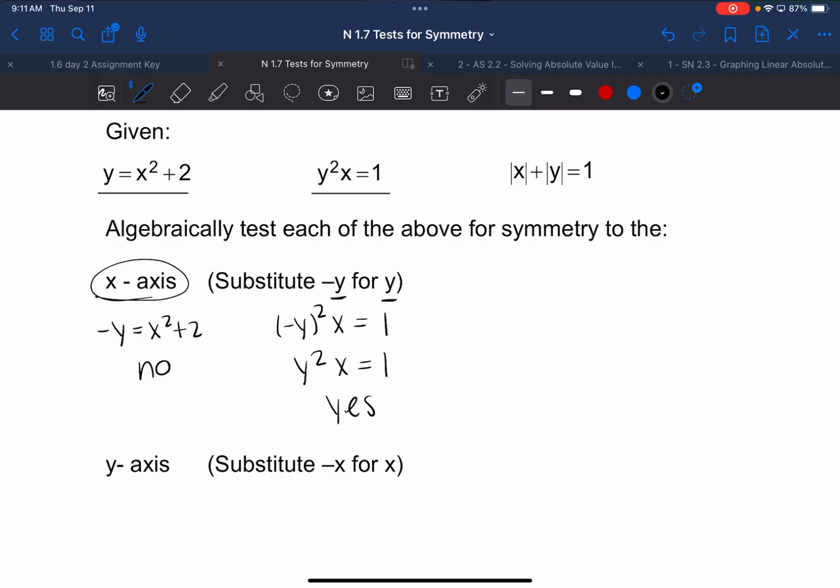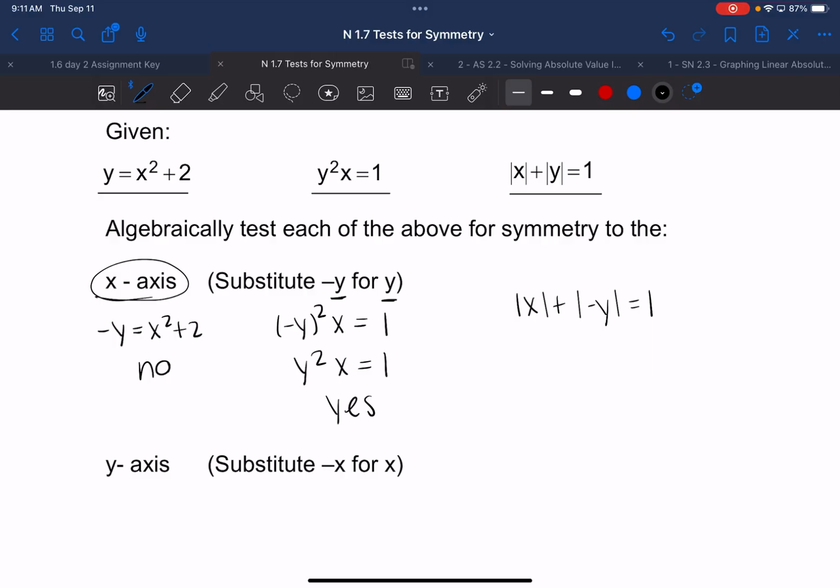Okay? And then we got one more equation we can try it out in. So this one is the absolute value of x plus the absolute value of y, and again, remember we're going to replace y with negative y, equals 1. And like we discussed yesterday, absolute values are distance from 0, right? So it's not ever going to be negative.